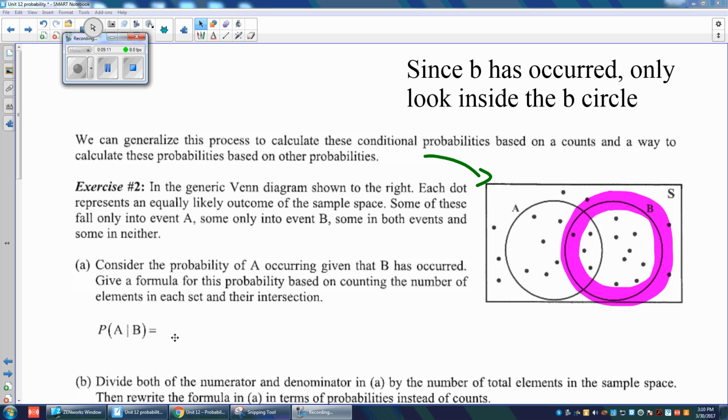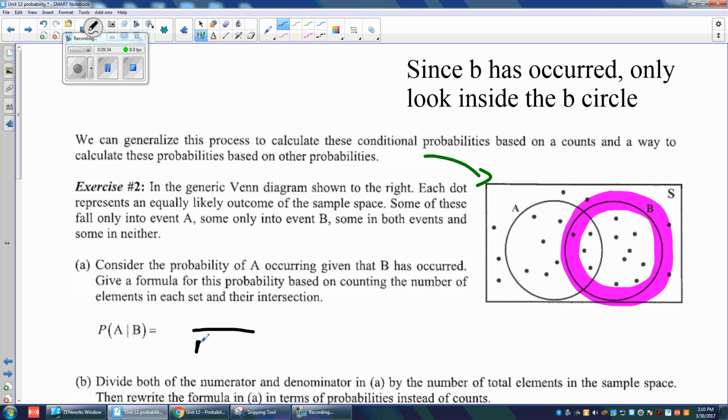Let's think about what's on the denominator first. I have to count all of the dots inside B, because that's all we're concerned about. Given that B occurred, I have to count all the dots inside B. How do you do that?